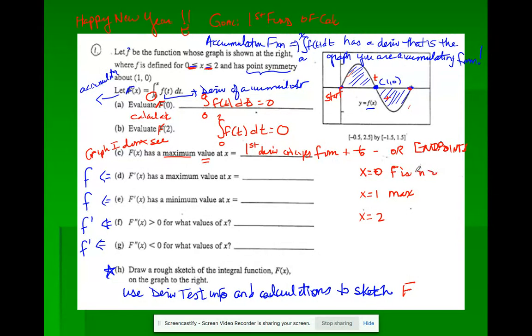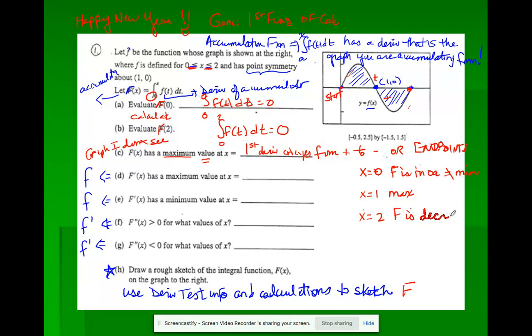And if you're increasing from the left endpoint, you must be a min. How about at the endpoint 2? The derivative is negative, which means the original is decreasing.